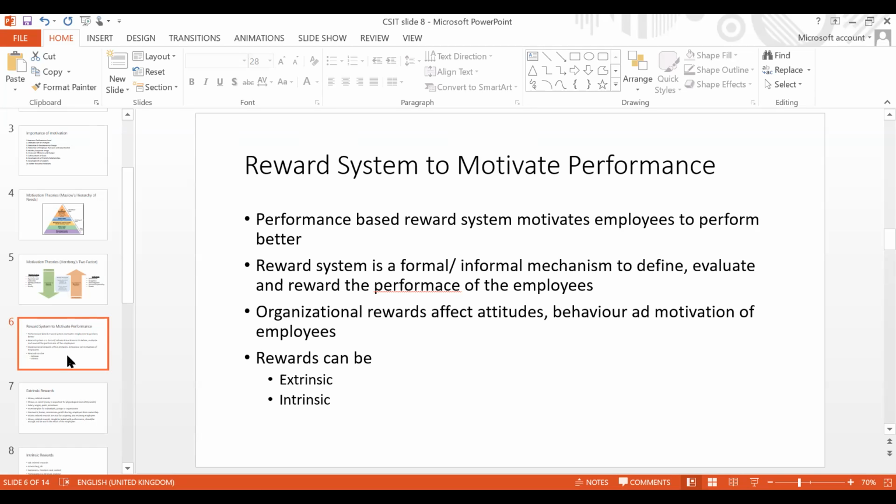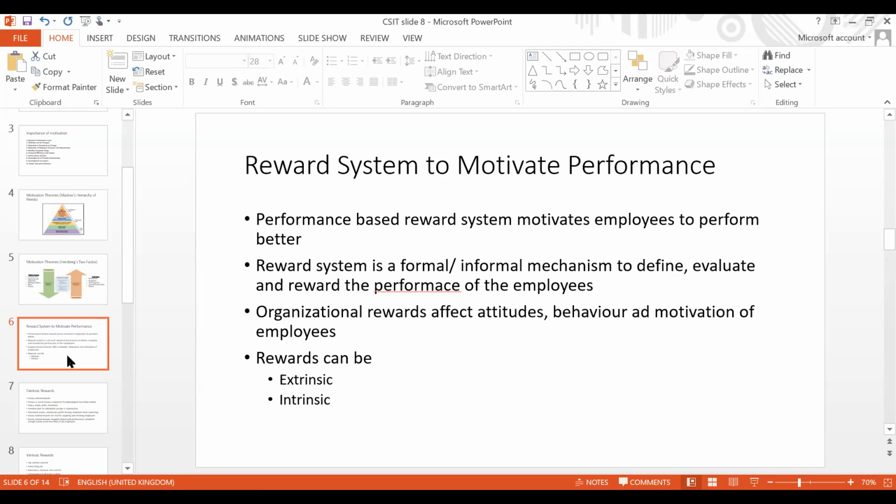To performance based and reward system hunu parcha. It shouldn't be like you like somebody and you reward them. So whenever you are having a reward system in the organization, then it has to be tied with their performance. You have to evaluate their performance, and then accordingly those who perform better have to be rewarded.